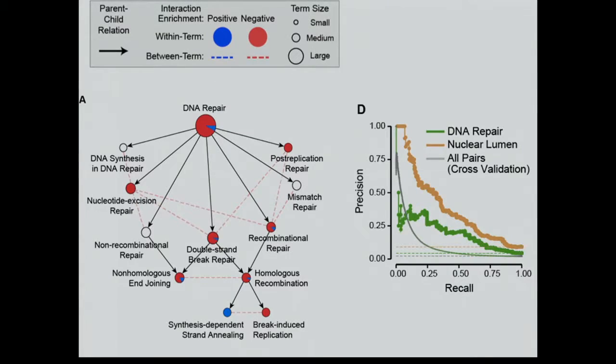Here's a bigger example. DNA repair, a process more near and dear to my heart. So here, DNA repair is a term enriched for lots of interactions, mostly negative, but some positive. But then if one looks at the subsystems involved in DNA repair, double-stranded break repair, recombinational repair, mismatch repair, nucleotide excision repair, and so on and so forth, one sees the blue, the positive, pushes all the way down essentially to synthesis-dependent strand annealing.